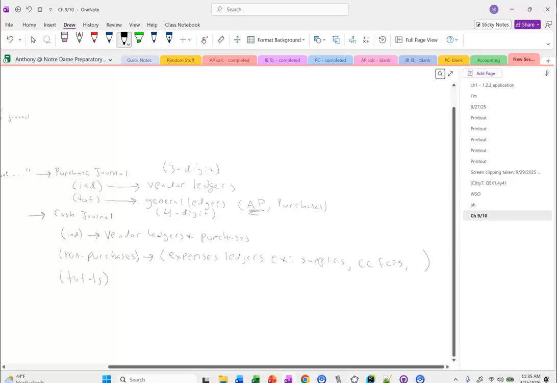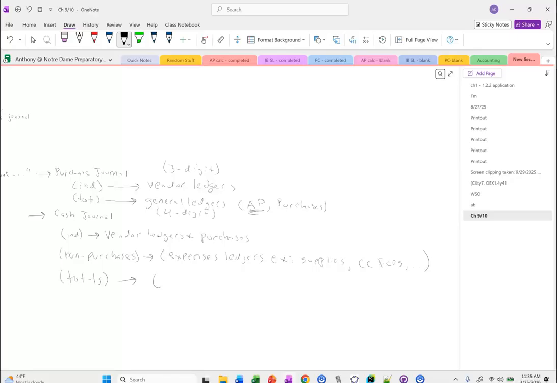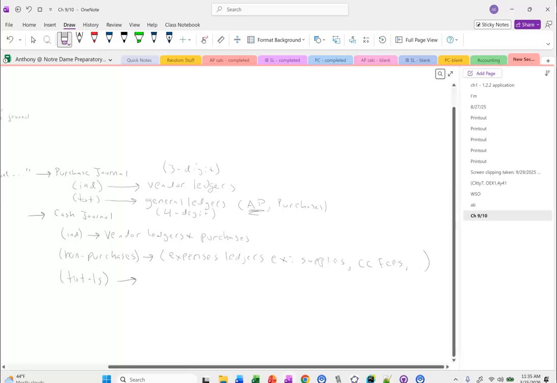And then the totals go into general ledgers, such as cash, accounts payable, and then PD. What was PD? I don't remember what I abbreviated that as.